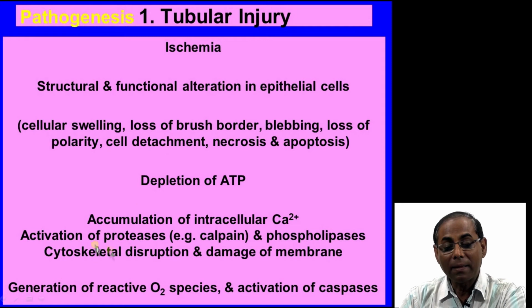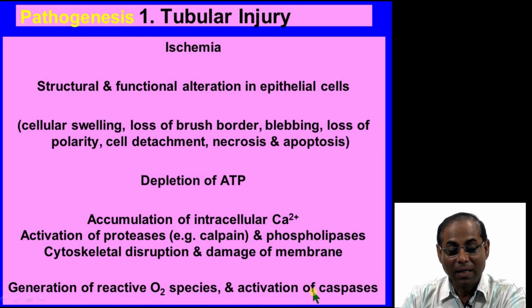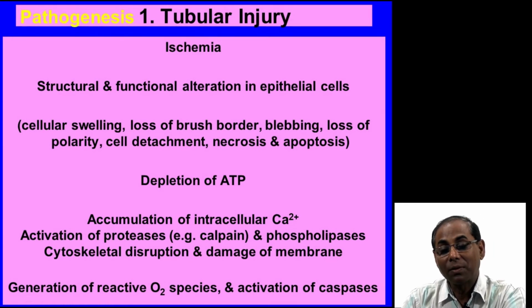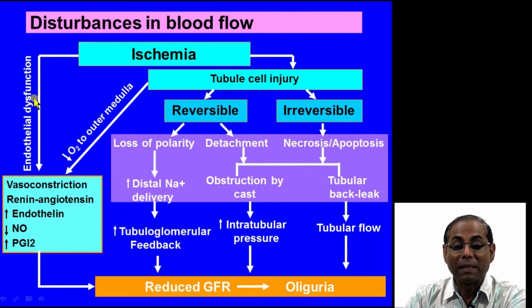In this area I have shown the structural changes, and in these few lines I am mentioning the molecular mechanism which causes the structural changes. Finally, all this leads to generation of reactive oxygen species and activation of caspases, which causes apoptosis as well as necrosis of the tubular epithelial cells. So, this is the pathogenesis of tubular injury secondary to ischemia.